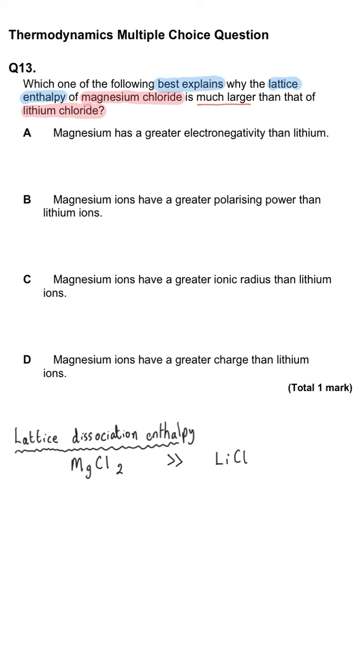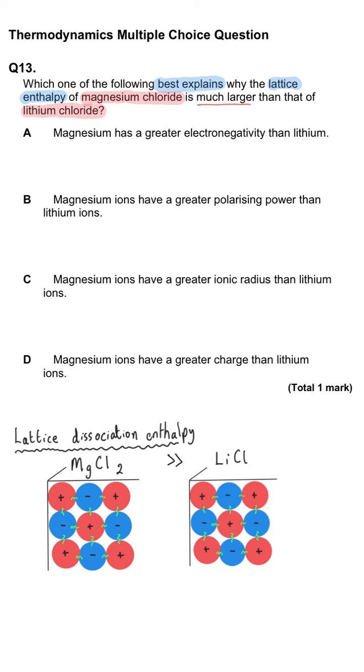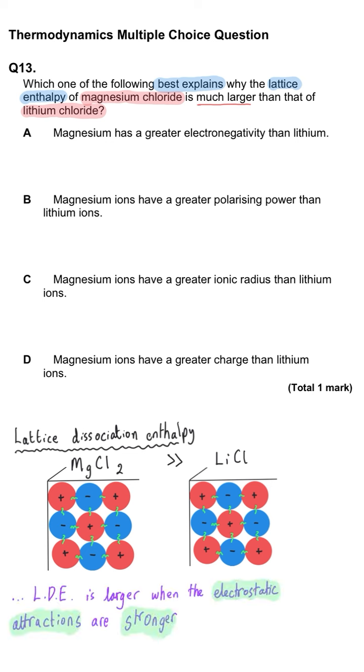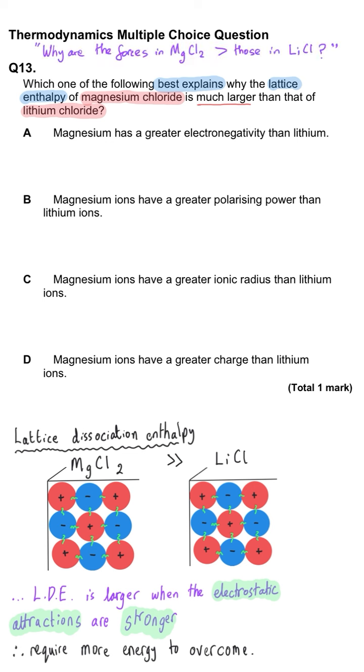And so if we're thinking about what makes something's lattice dissociation enthalpy large, it's to do with the attractions between ions. If we're comparing two lattices, the one that has a larger lattice enthalpy of dissociation than the other is the one where the forces inside that lattice are stronger and so require a greater amount of energy to overcome. And so this question is basically saying, why are the forces inside one lattice stronger than the forces inside another?